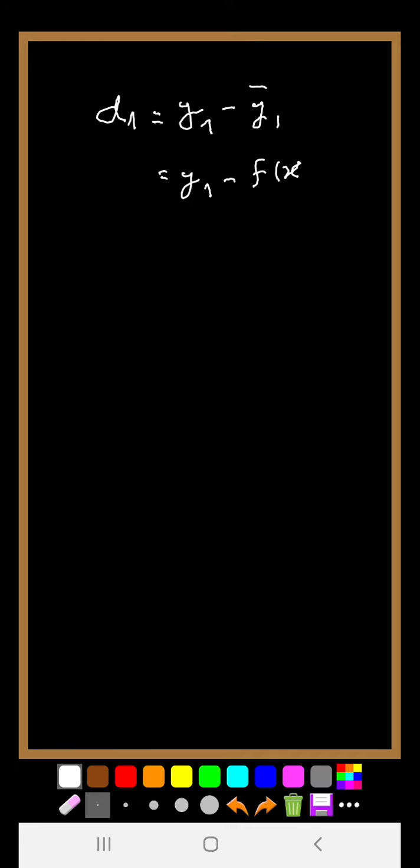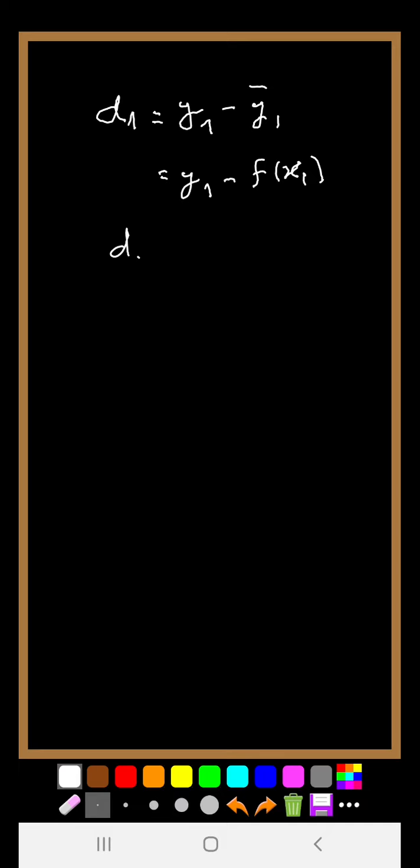Suppose we assume that there is an error d1 associated with the value y1 and the value y1 bar. So we can write d1 as equal to y1 minus f(x1).